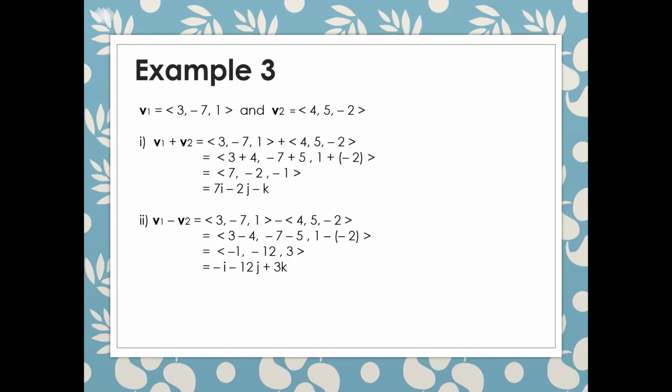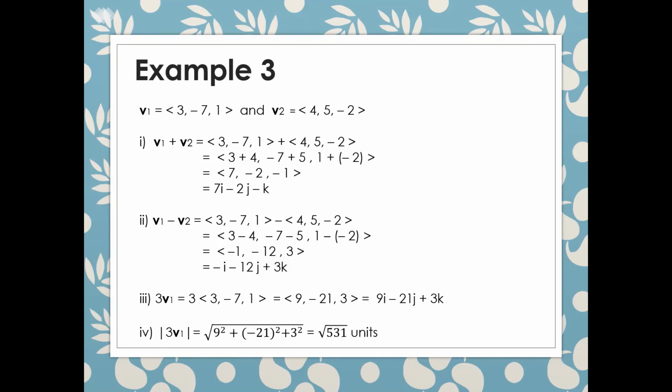As for V1 minus V2, it is obtained by subtracting the corresponding components of both vectors, 3 minus 4, -7 minus 5, 1 minus negative 2. Simplify, you will get negative i minus 12j plus 3k.